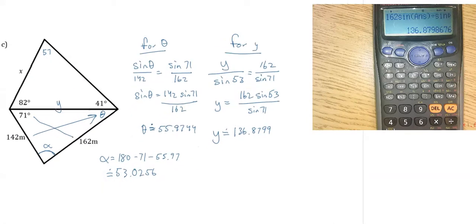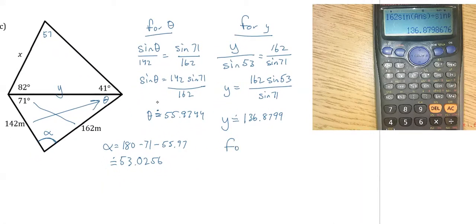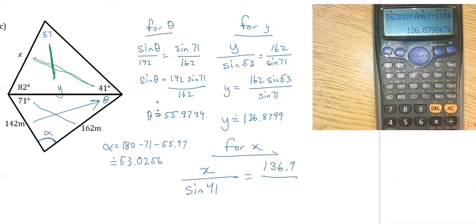And finally, I think we can find x. But again, I had to find that 57 because it's across from the y. And then for x, I'm going to use the 41. Equals y, which is the 136.9 over sine 57.